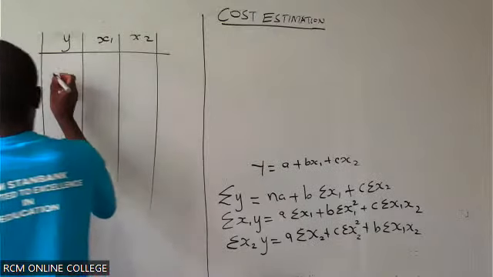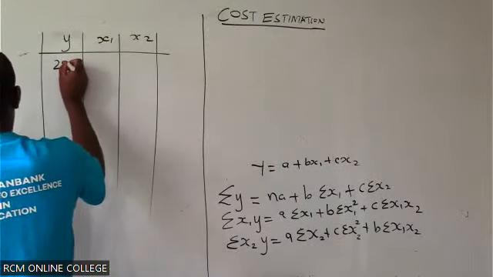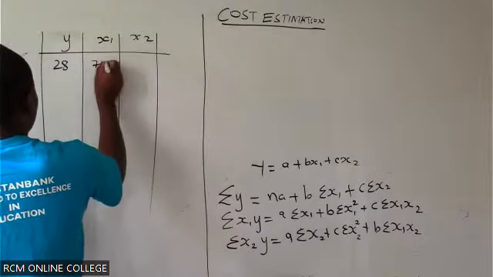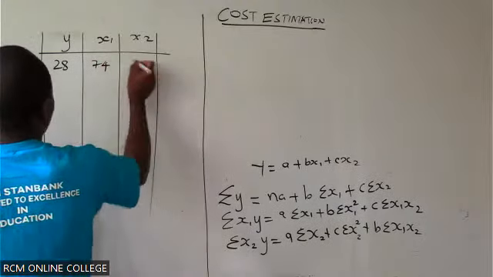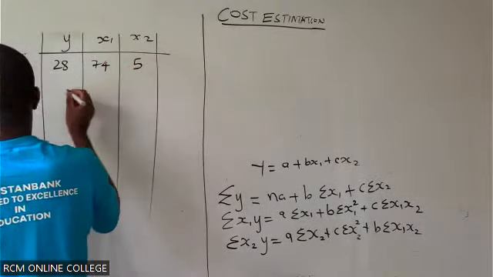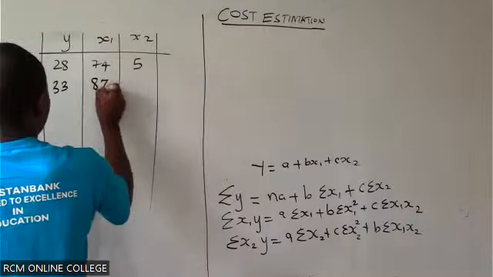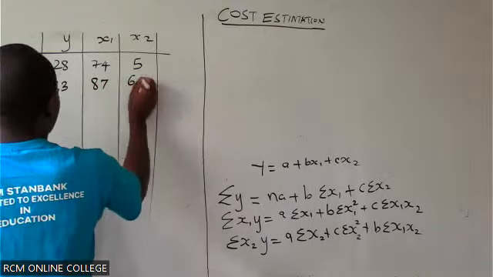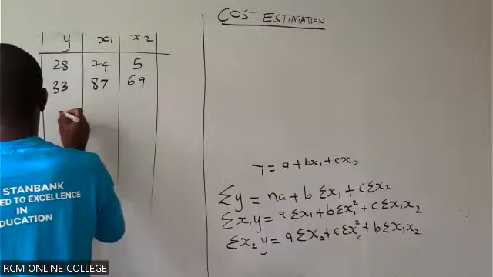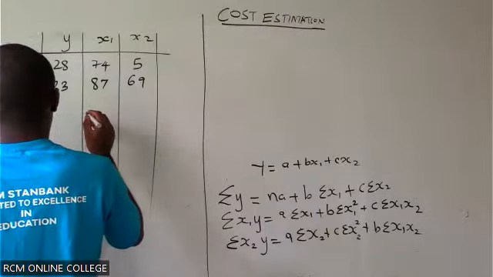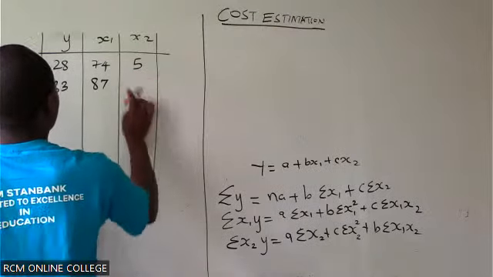So I have 28 corresponding to 74 corresponding to 5. I have 33, 87, 11.